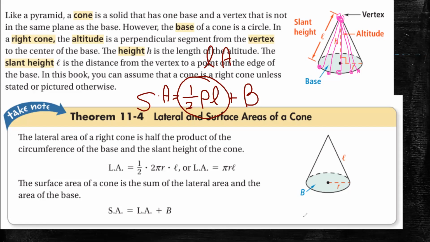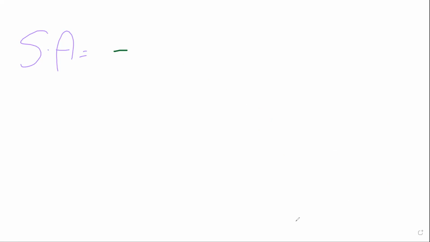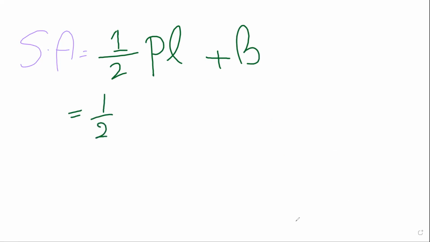So it's very easy for me to say that the surface area is half the perimeter times the slant height plus the area of the base. Since we have a circle, it has only one perimeter.